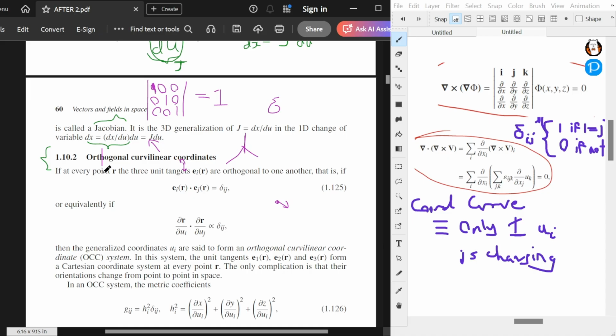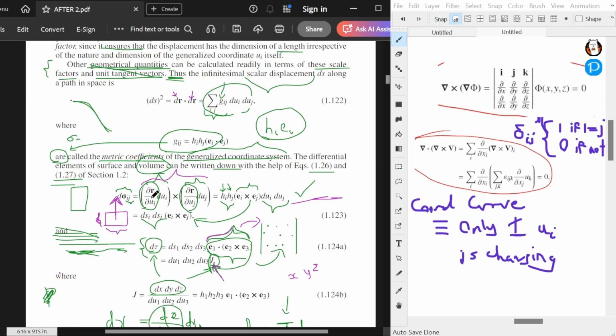If at every point R, the three unit tangents are orthogonal to one another, that is, if the dot product acts as a Kronecker delta, or even if del R del u_i... Yeah, this is just... Is this just for with magnitude?